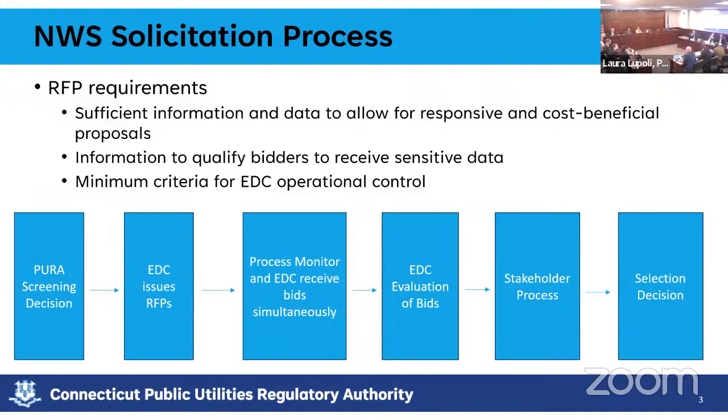Yeah, so just again, I don't know that this is as important an issue as some others. I'm a little confused by the argument that it's somehow less transparent for the bidders to see the evaluation criteria and the scoring criteria.